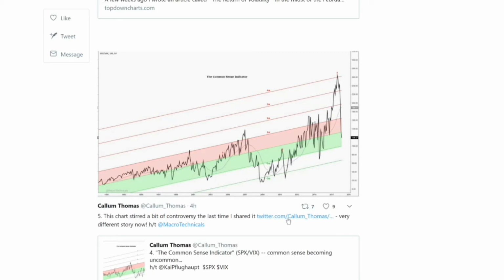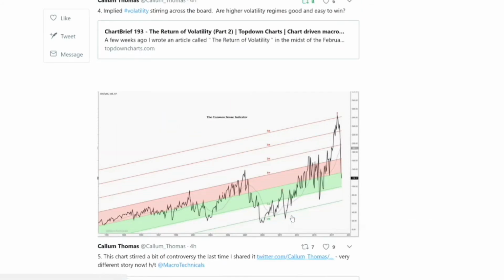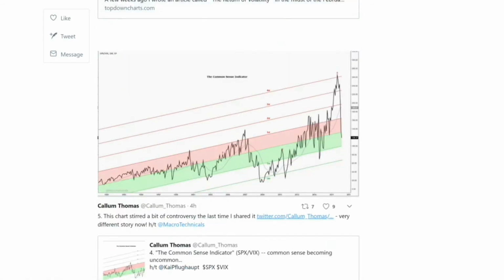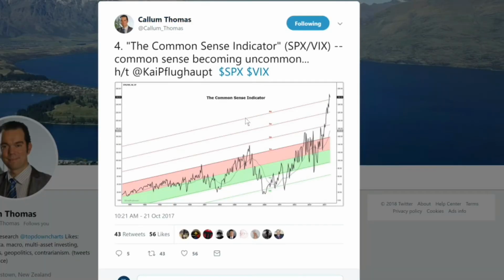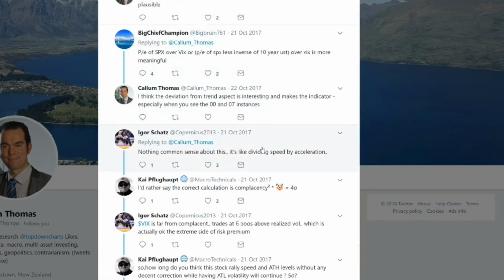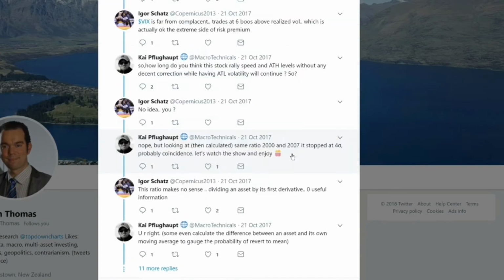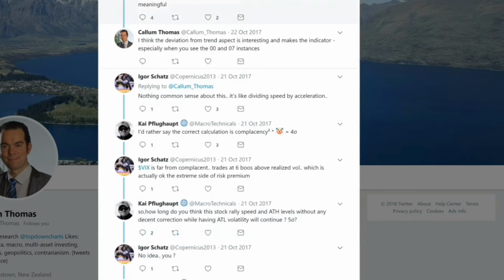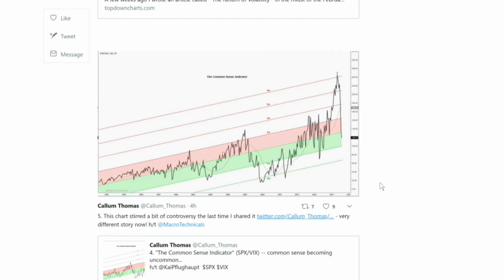When I first shared this, I've got the link there. When I first shared it, it created quite a bit of controversy, so we can actually have a look at that. There we go. Yeah, nothing common sense is about this. So there's a bit of debate around that, but anyway, when it was first brought to my attention, at the time that was actually much higher.